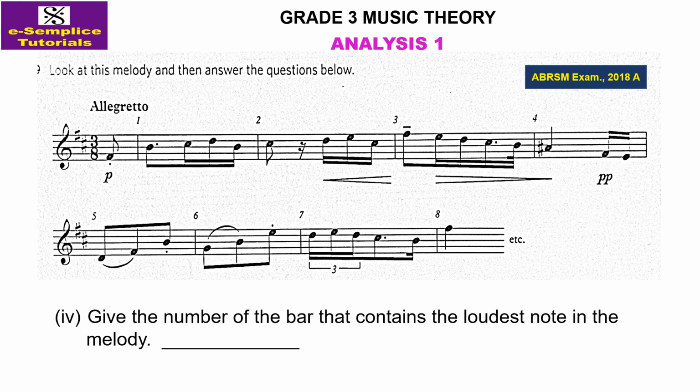Give the number of the bar that contains the loudest note in the melody. Which bar contains the loudest note in this melody? Scan through the melody and fish out that bar with the loudest note.